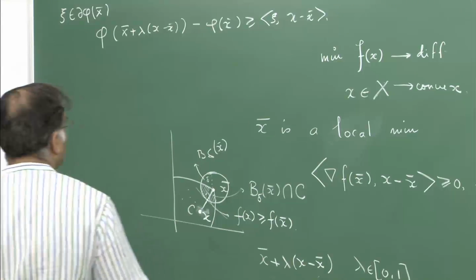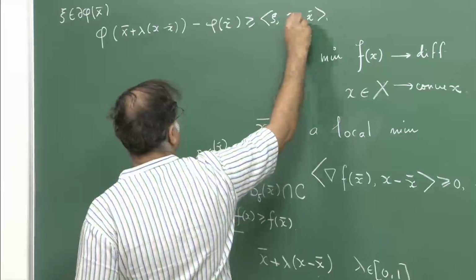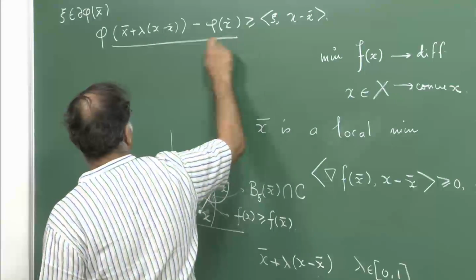What I can do is, of course, you will see here the lambda would come extra, lambda of x minus x bar, which I can divide by lambda.